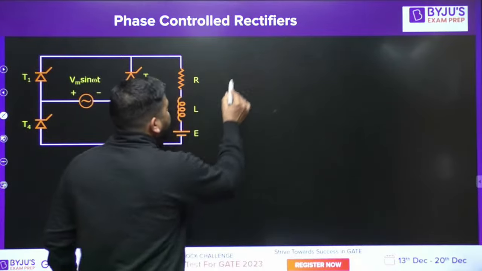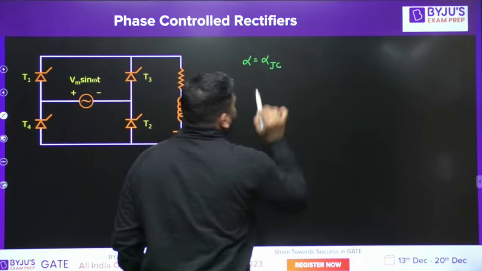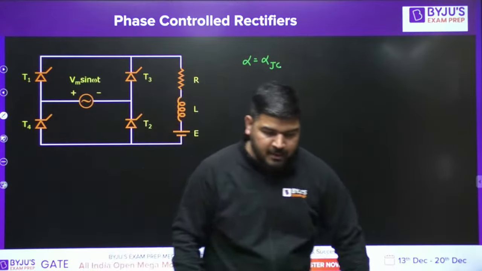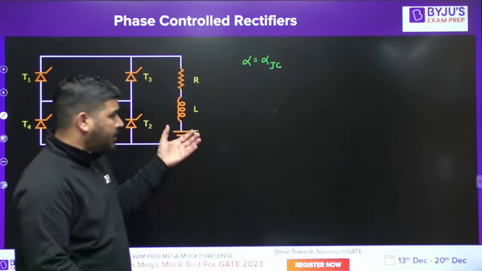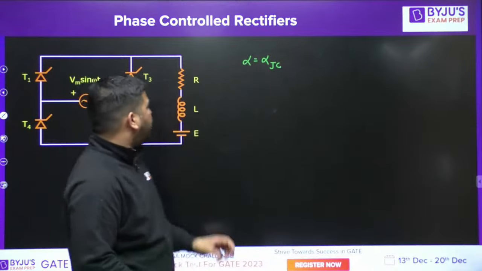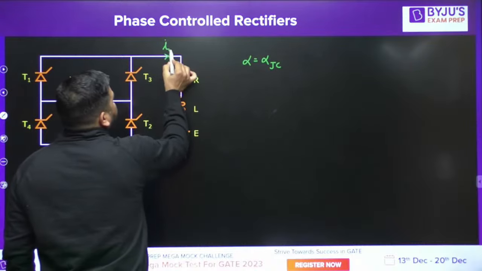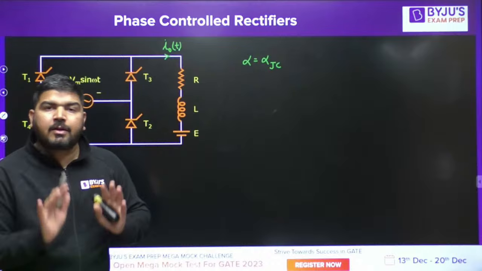Let's say that alpha is alpha JC, where JC means just continuous. For alpha equal to alpha JC, you can calculate that alpha JC. It's very easy. I'm not telling you how to calculate that, because in my other lectures I have already told you how to calculate this alpha JC, for which the conduction remains just continuous. So in RLE load, you can calculate the value of alpha for which this current remains just continuous.